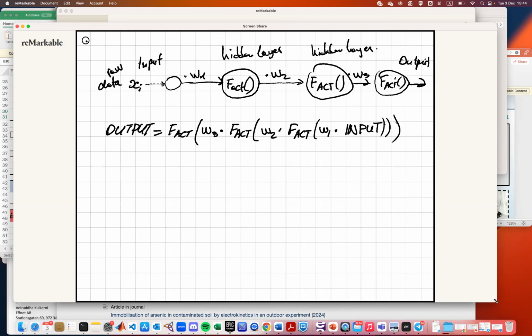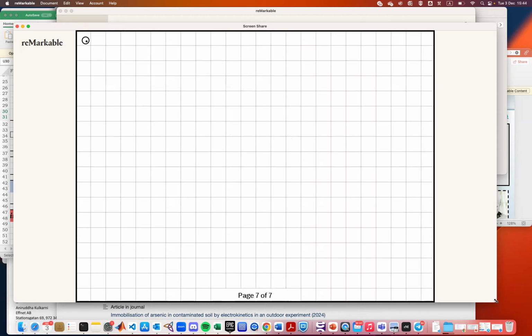What are these options? You who are experts in machine learning, you should tell me. For f act. Yes, but in principle, here we can use any differentiable function.